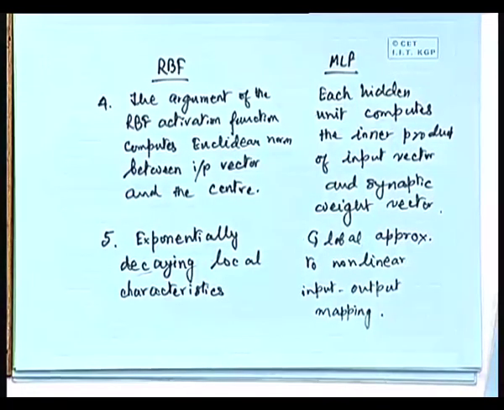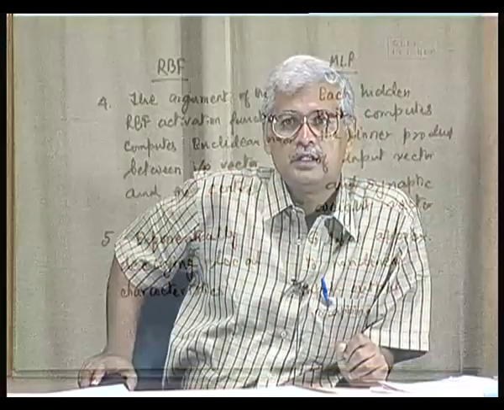And one of the points which we should note at this stage is that, coming to the training of the network, in the case of multi-layered perceptron we had seen that the training is quite involved, in the sense that we are feeding the inputs and getting actual outputs different from the desired outputs, and then the error is in turn guiding us to adjust the synaptic weights from the output layer back up to the input layer.